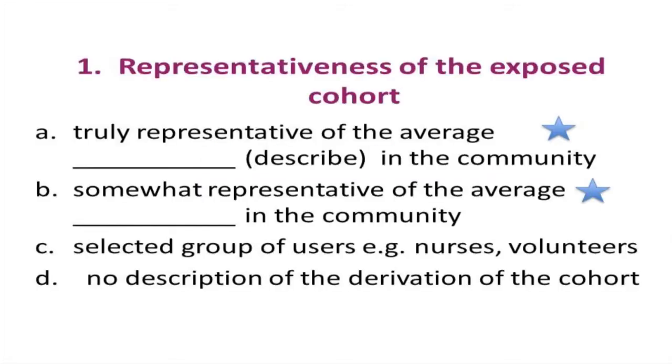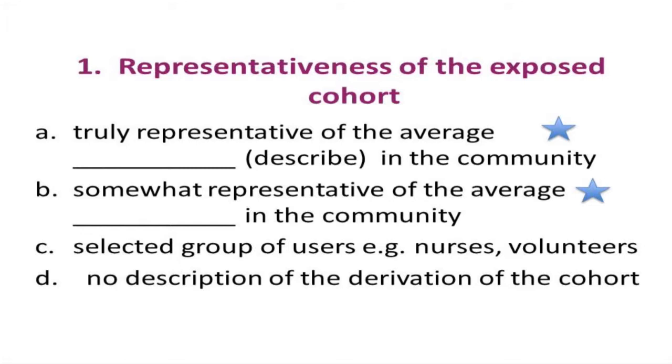If we start with the first parameter, which is selection, you're going to judge the representativeness of the exposed cohort. And I'll give an example. After each slide that is coming now, I'll give a short example, so you just integrate this into your minds, perhaps.